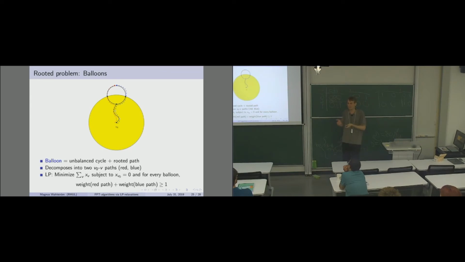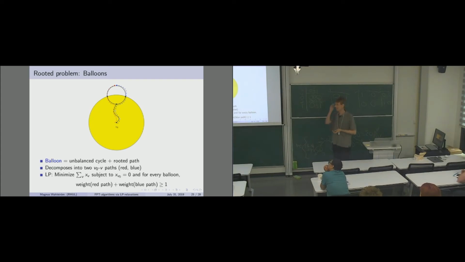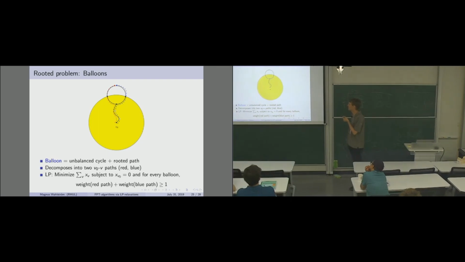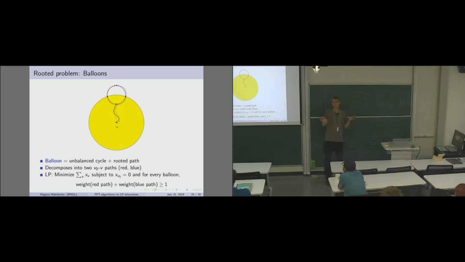So you get kind of, in a way that's non-obvious, that follows. You can find a balloon of weight less than 1 by shortest path queries.